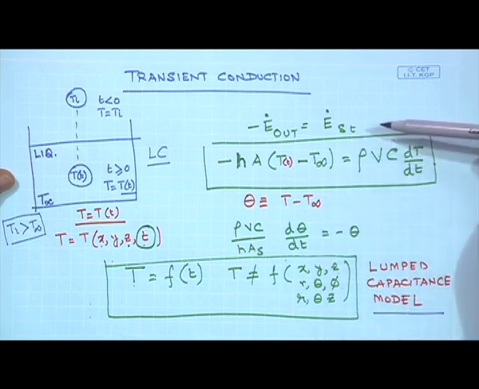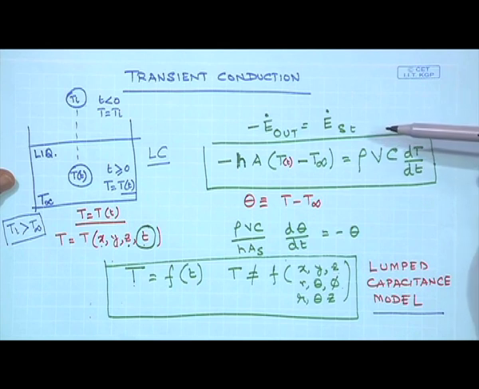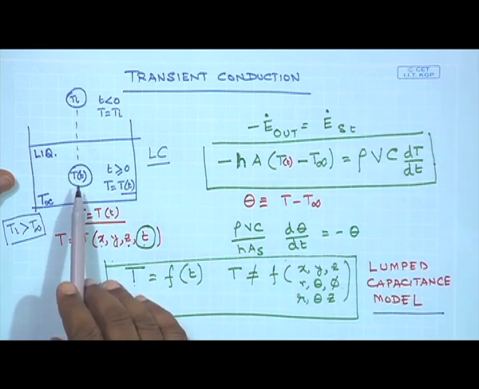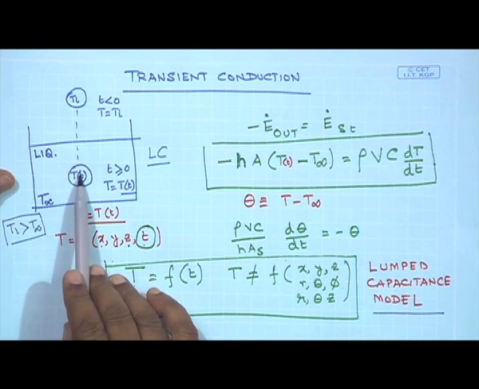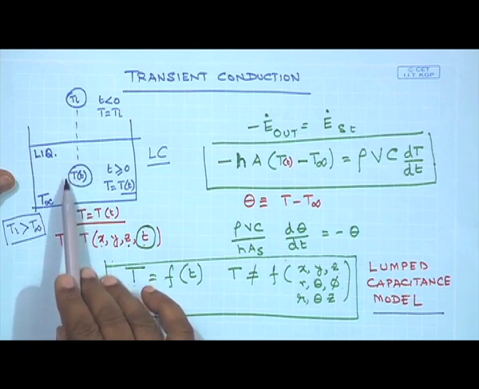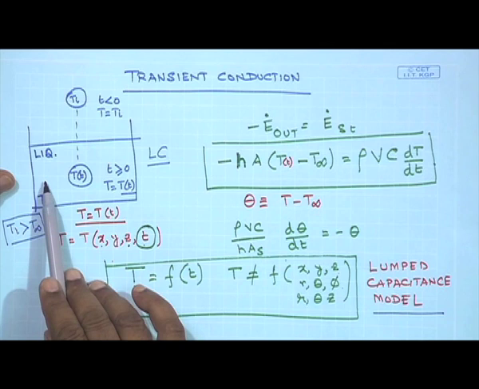If we write the governing equation, E dot, that is the rate of energy in minus rate of energy out plus any generation in the system must be equal to the energy stored in the control volume. However, in this case there is no energy which comes into the control volume since its temperature is higher than that of the surrounding fluid.